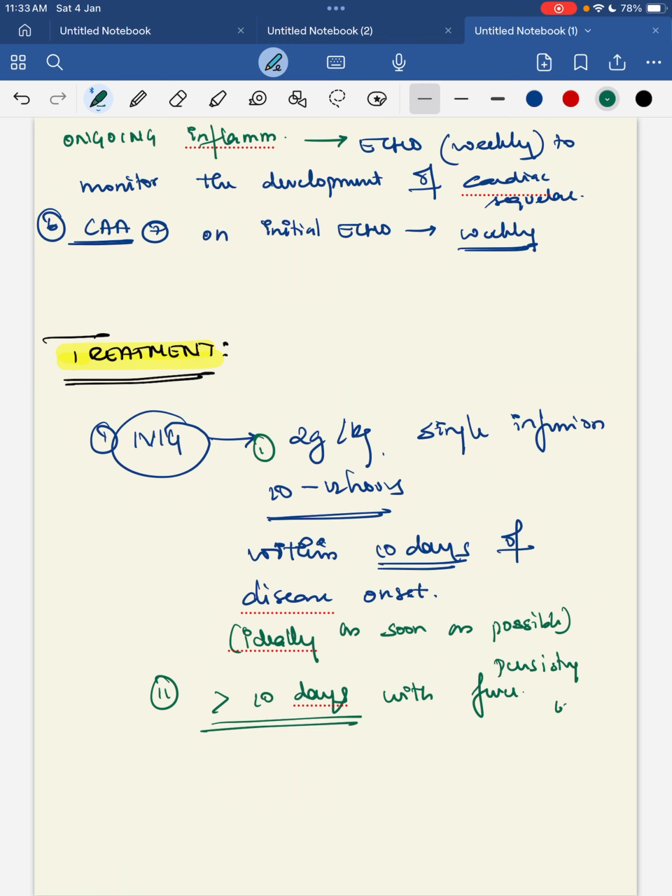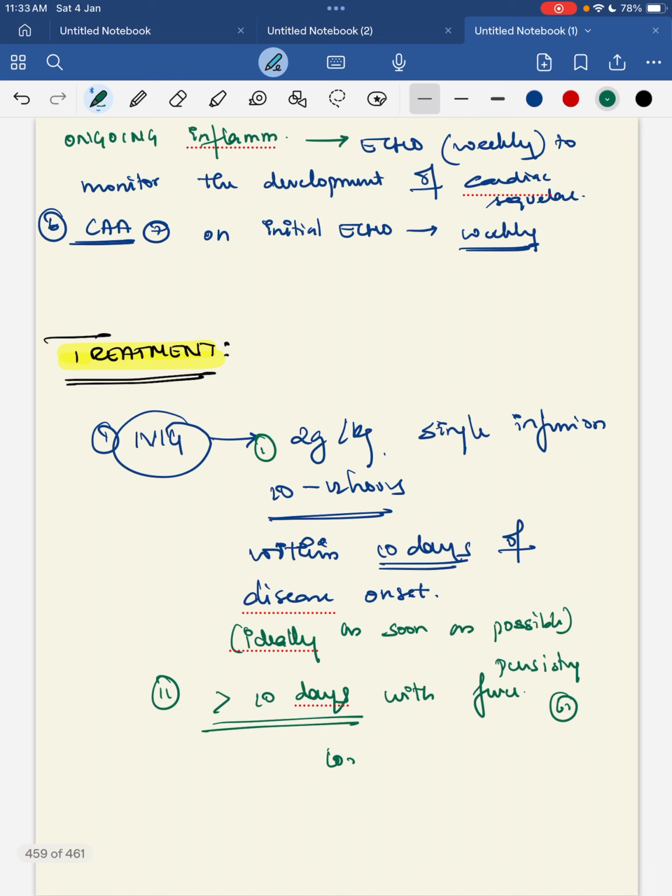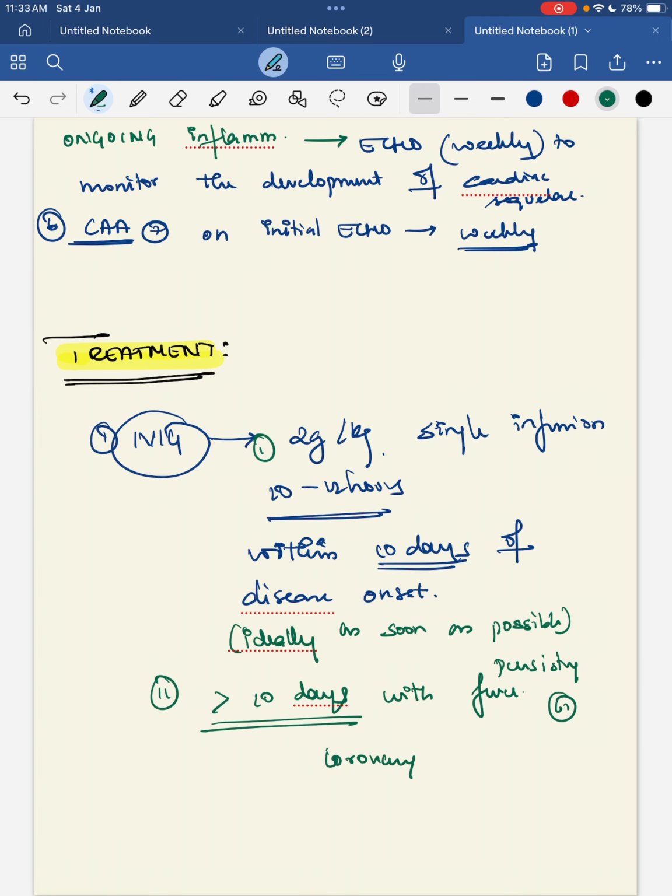After this, you have to change the dose to 3 to 5 mg per kg per day for 6 to 8 weeks. This aspirin should be continued if the child's coronary findings, that is your echo findings, are normal throughout the course.